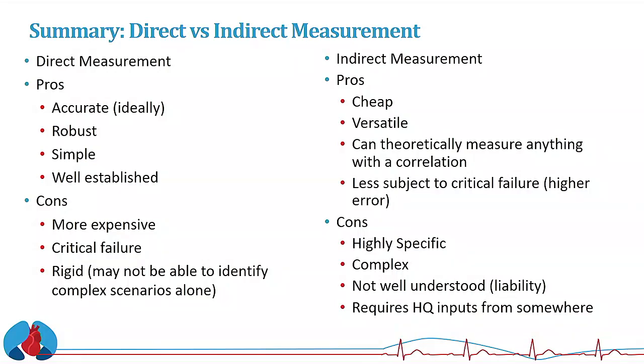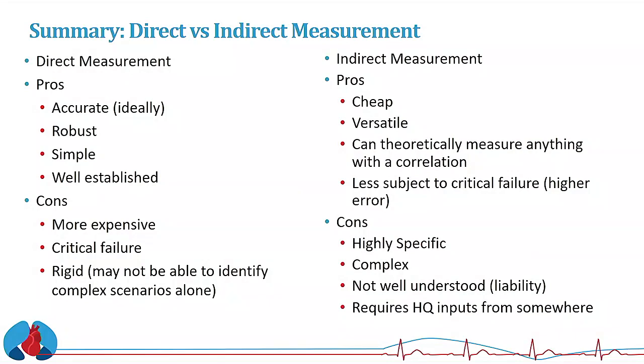about indirect measurement? It's cheap. Almost all indirect measurement is some very rudimentary signal feeding back into some very complex software. Software is always cheaper to develop than hardware. It's versatile, so we've seen it can detect so many different and interesting and complex things.